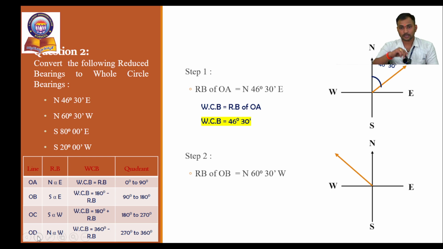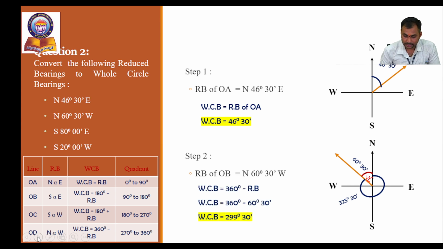From north we take 60 degrees 30 minutes. So the whole circle bearing is 299 degrees 30 minutes. What is the calculation part? 360 degrees minus the reduced bearing. We can refer here also.